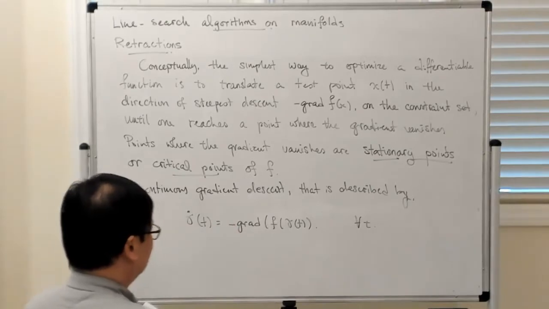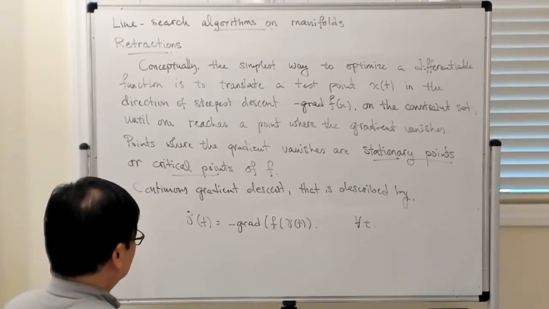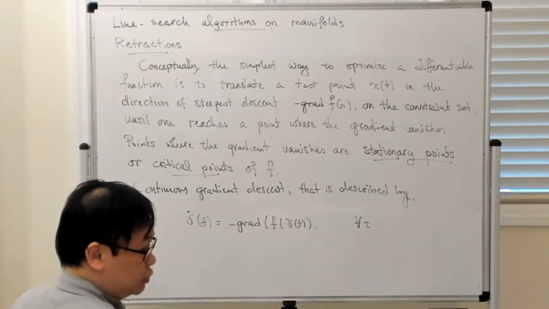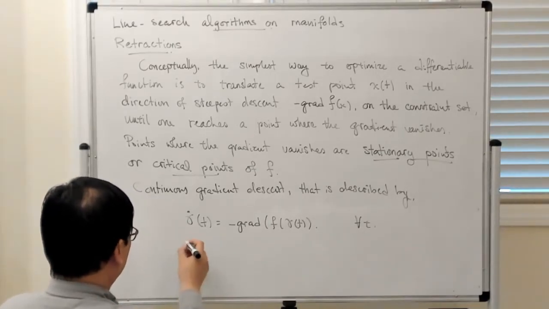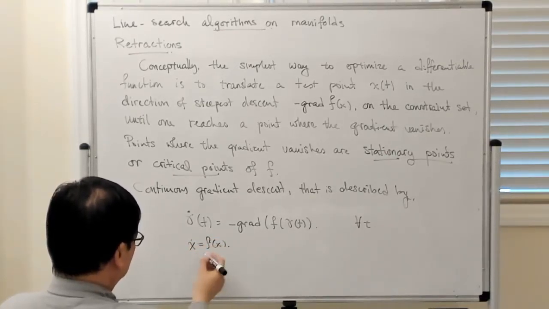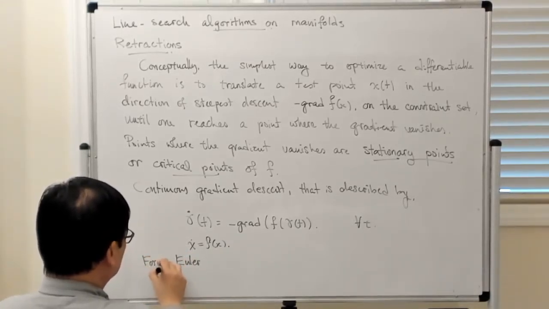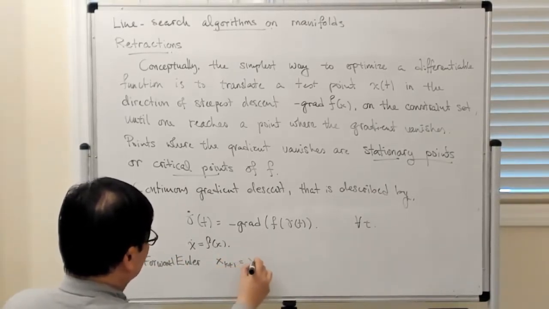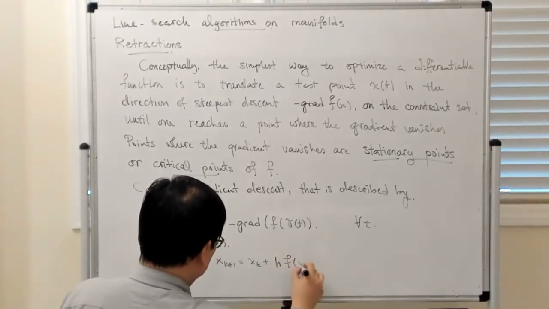So this is an example of the continuous gradient descent equation, and you probably know there are such things as Euler discretizations of a differential equation, where if you have, say, x dot is some f of x, the forward Euler discretization is x_{k+1} is equal to x_k plus some time step h times f at x_k.